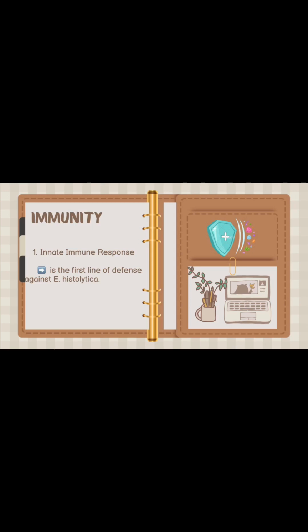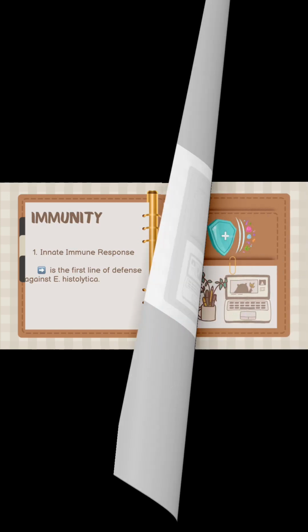First is the innate immune response. The innate immune system is the first line of defense against E. histolytica. It includes physical barriers, for example the intestinal mucosa, antimicrobial peptides, and cells such as macrophages, neutrophils, and natural killer cells.